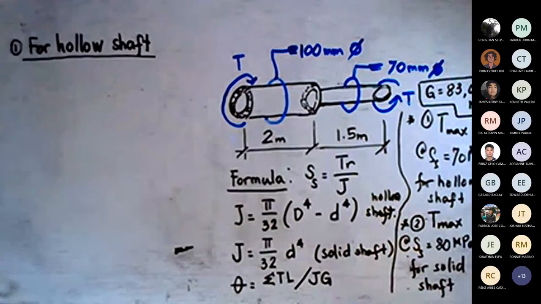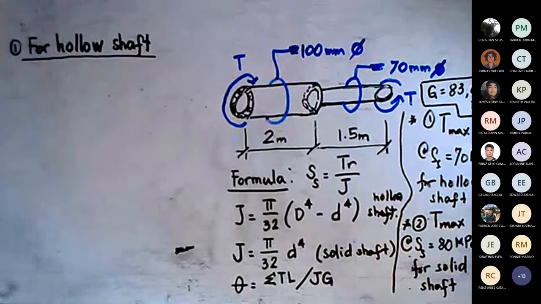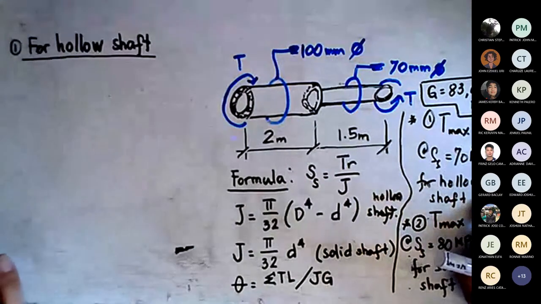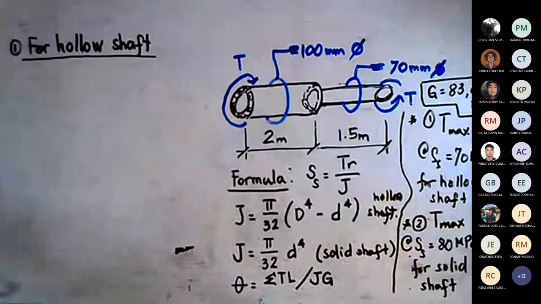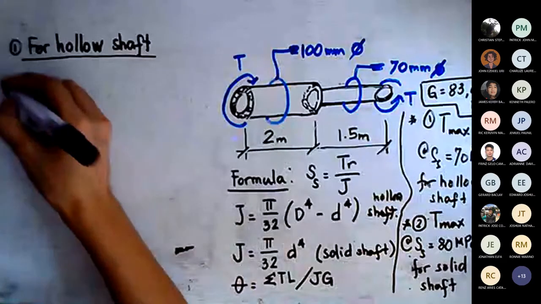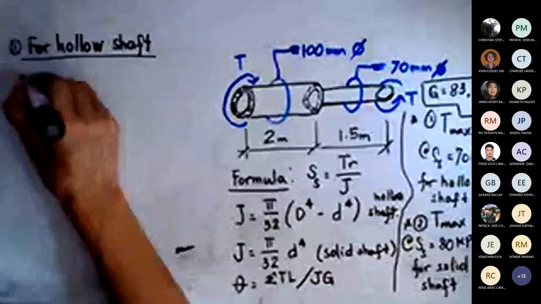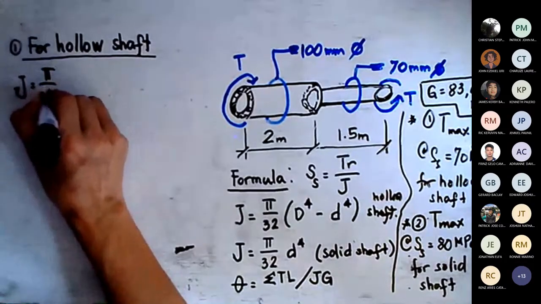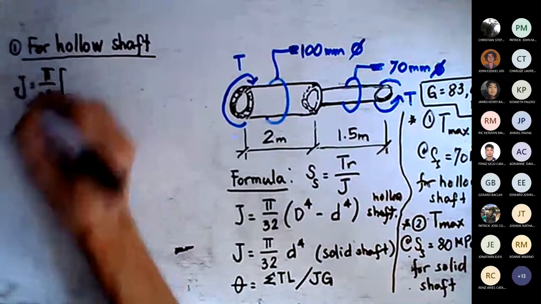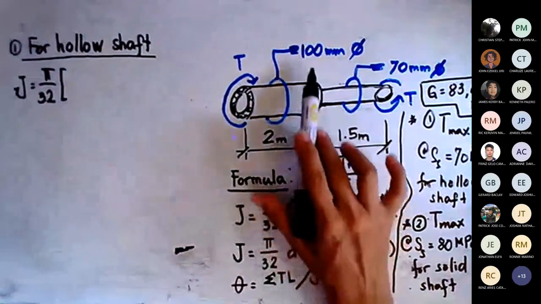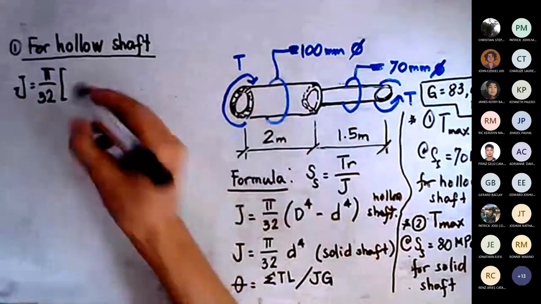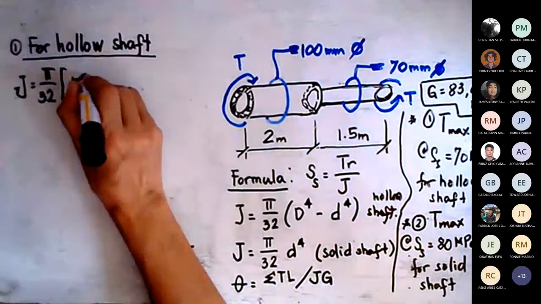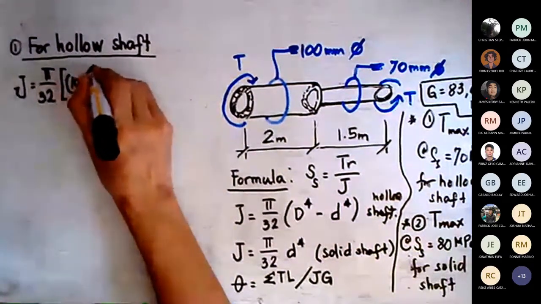Yan. So we have for hollow shaft. We are going to determine the maximum torque. So doon po na tayo sa J, polar moment of inertia. Pi over 32. Ang outside diameter niya is 100 mm, raised to the 4th power.